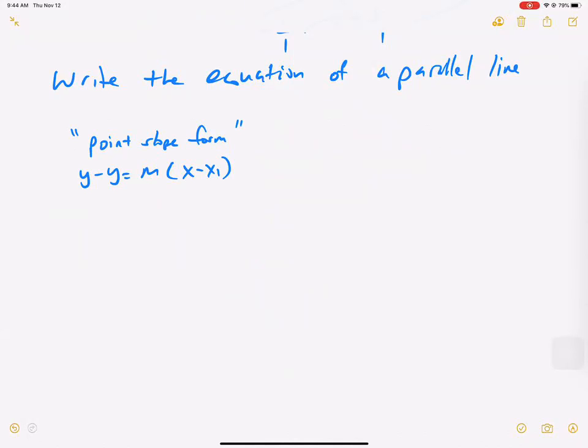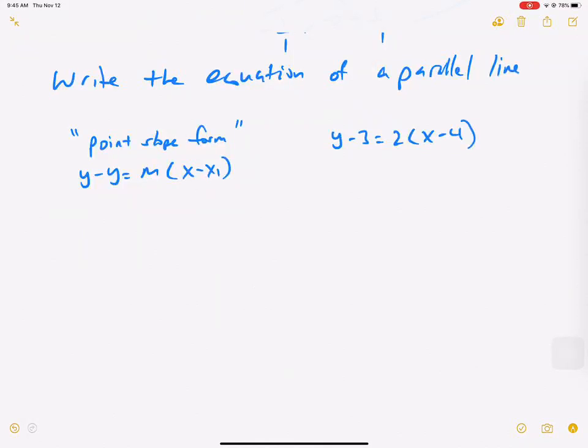All these questions always come up in the same type of setup. They give you the original line, and then they say, hey, I want you to write a new one. I want you to write me an improved version of this, a parallel line. So here's our original form: y minus 3 equals 2, x minus 4.